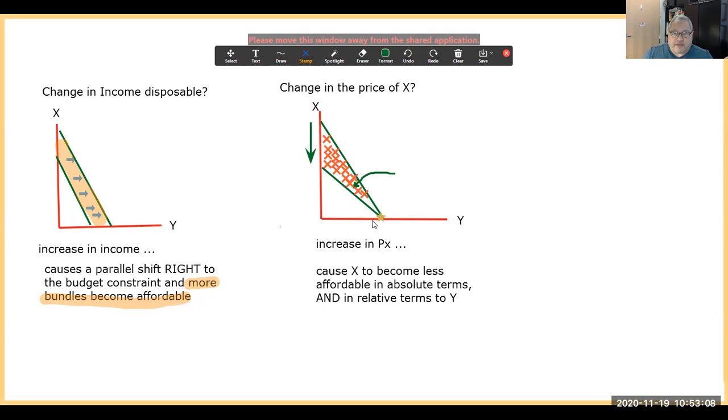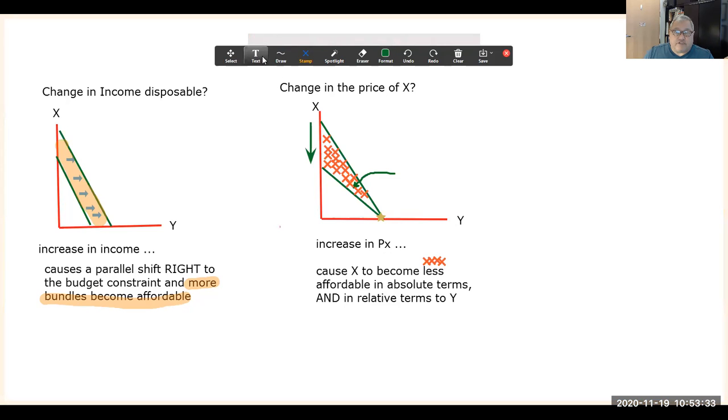There's two kinds of impacts that reduce the options that are feasible by the red area. So I'm going to put a bunch of X's on top of the word less so that we understand that those bundles are no longer affordable in that situation.